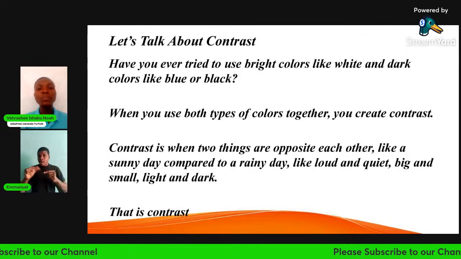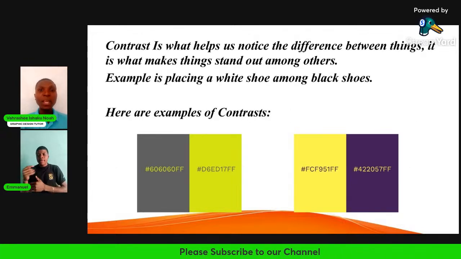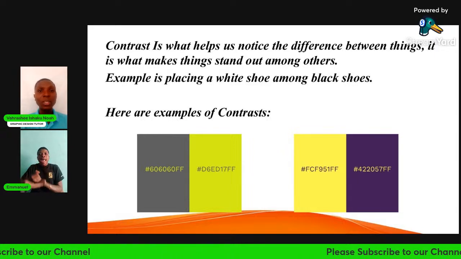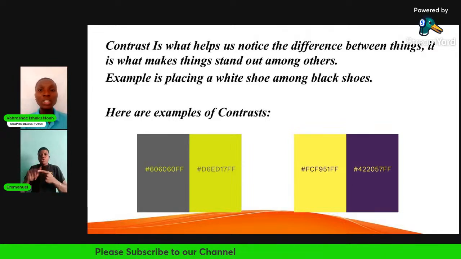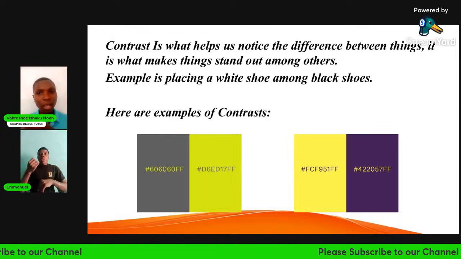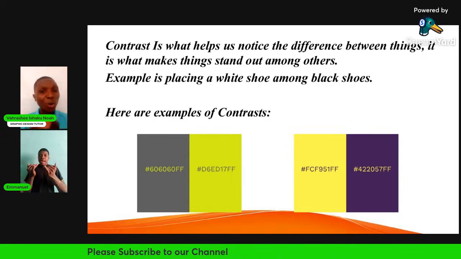So let's move on. Next slide, please. Now, contrast is what helps us notice the difference between things. It is what makes things stand out amongst others. An example is placing a white shoe among black shoes. So this is a contrast I made here. You see one color, then you see another color in between.